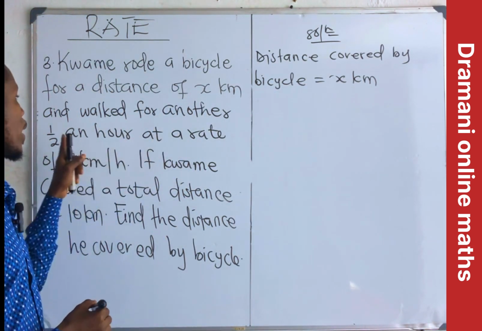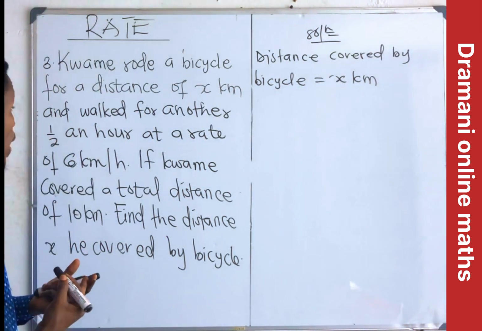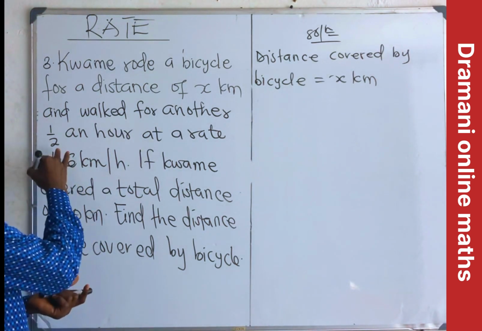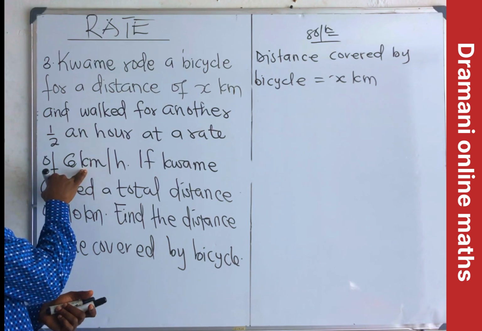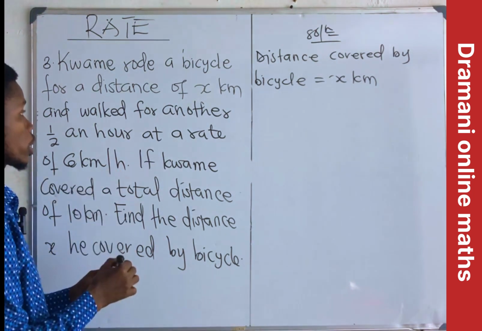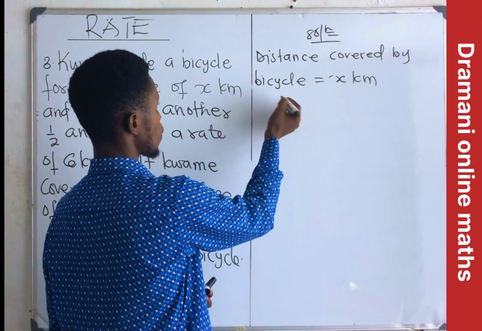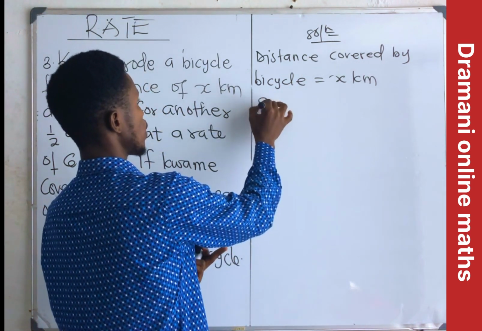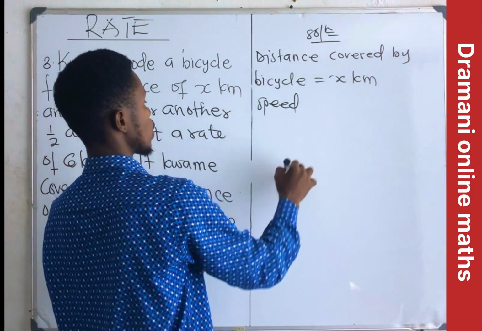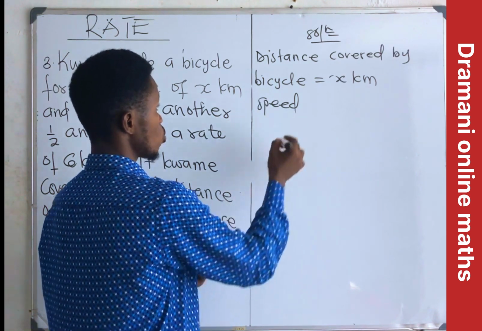And walked for another half an hour at the rate of 6 kilometers per hour. What is 6 kilometers per hour? It talks about speed. So here, the speed. So that's why we use rate.